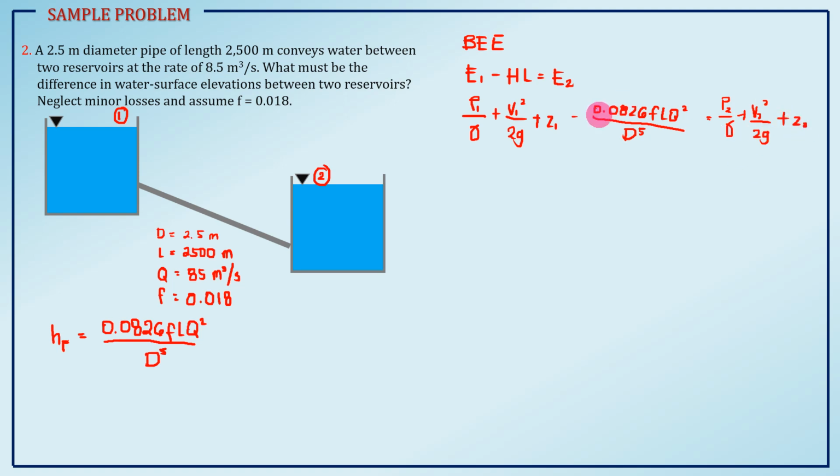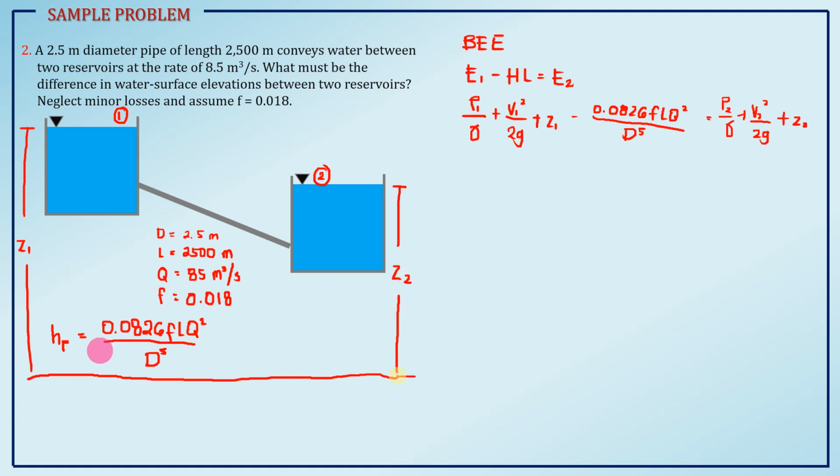Let's have our datum. So we have our elevation head at point 1, that is Z1, and the elevation head here, measured from the water surface, is Z2. This is your datum.